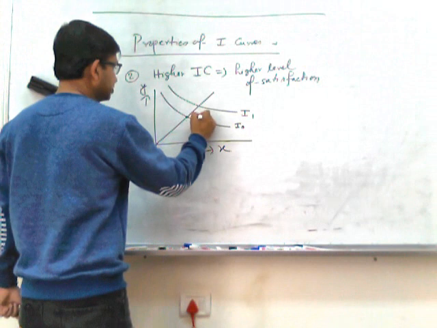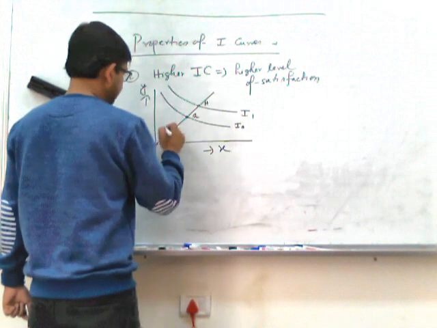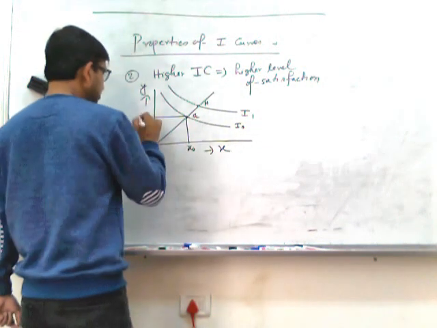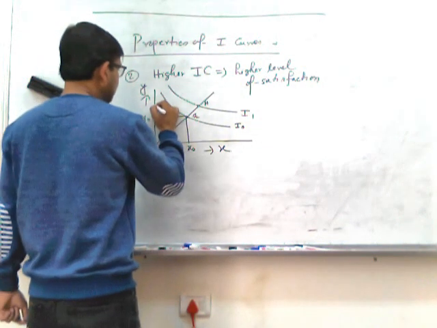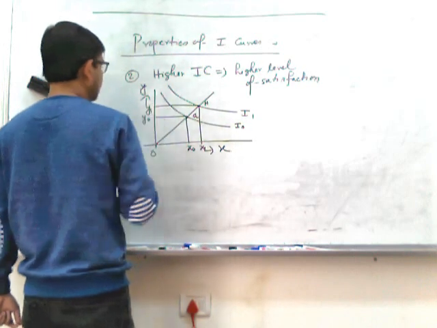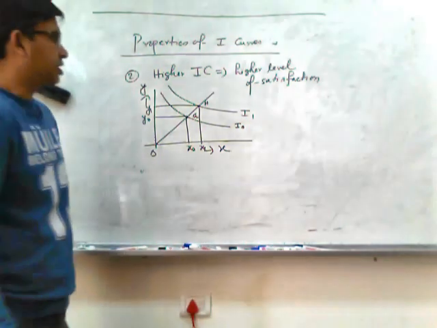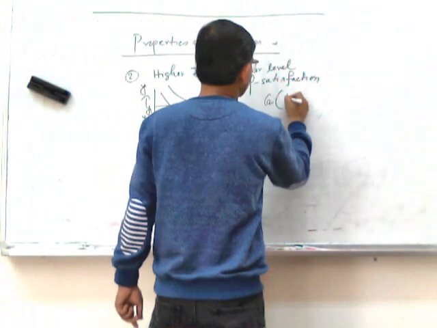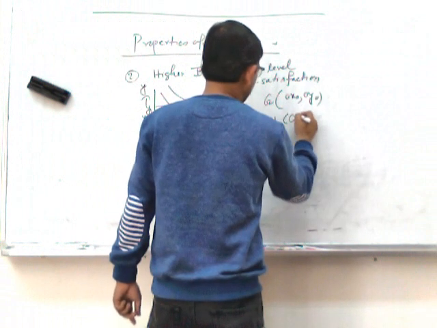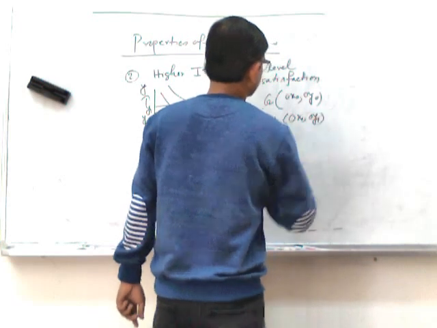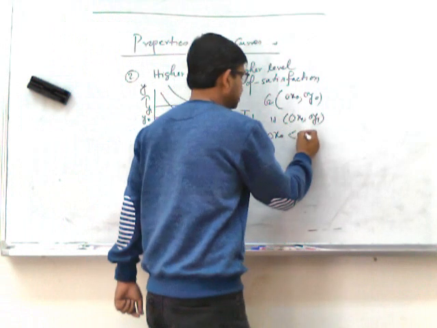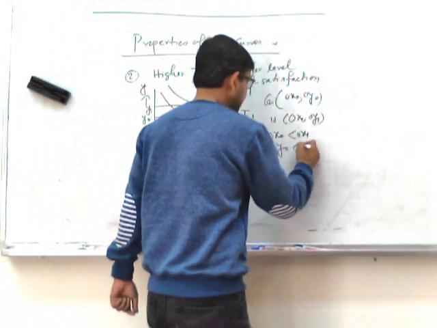This is G, this is H. So basket G indicates there is OX0 units of x and OY0 units of y. And H indicates there is OX1 units of x and OY1 units of y. So definitely we see here OX0 is less than OX1, OY0 is less than OY1.